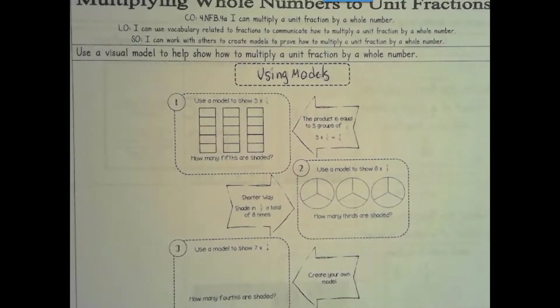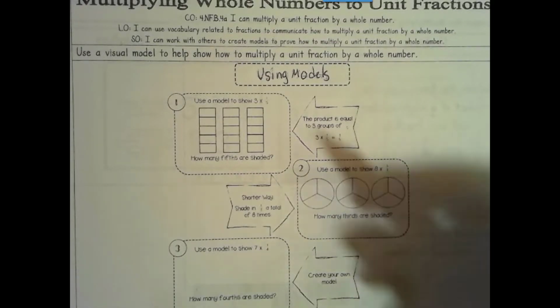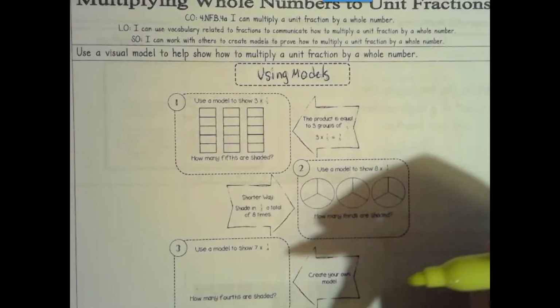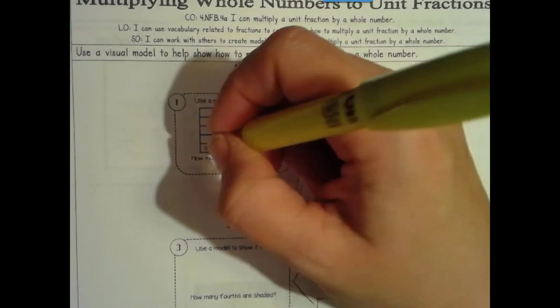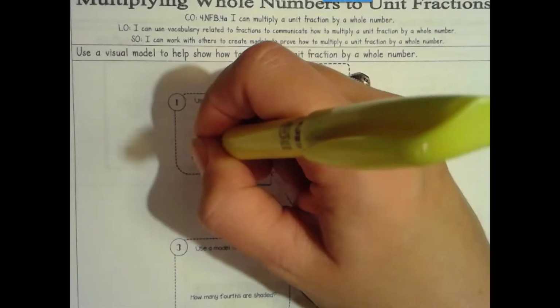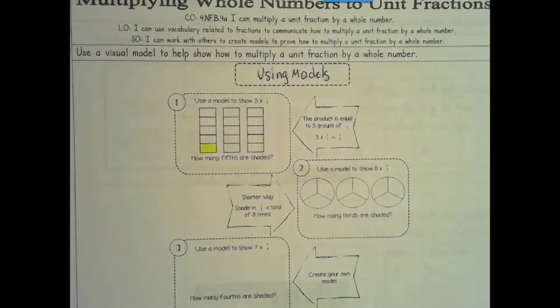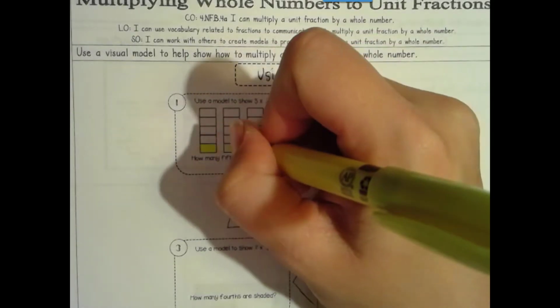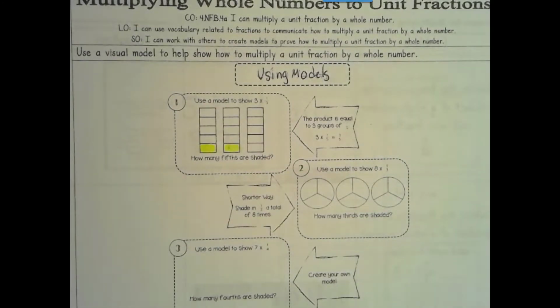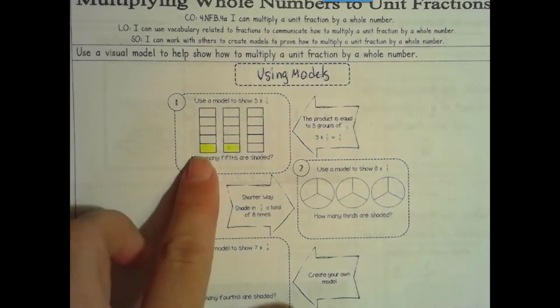So when you're multiplying, that means we have 3 1/5s that we're joining together. We're joining together equal amounts. So first, 1 out of 5, that's 1/5. Another 1 out of 5, so there's 1/5.